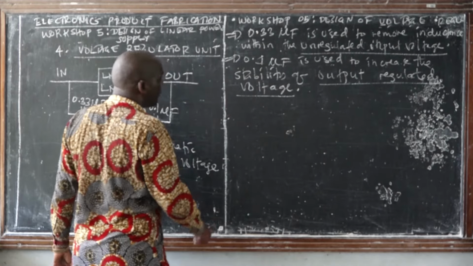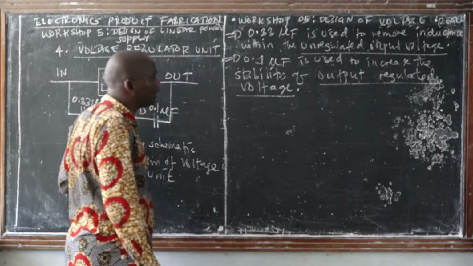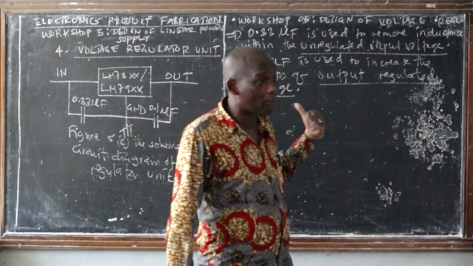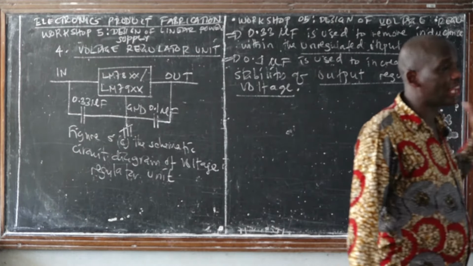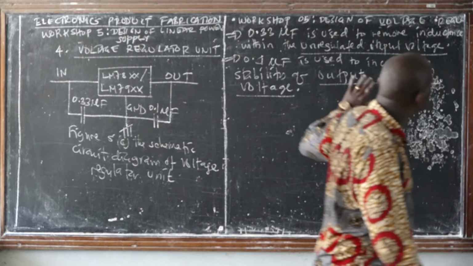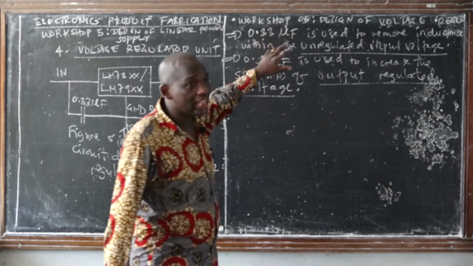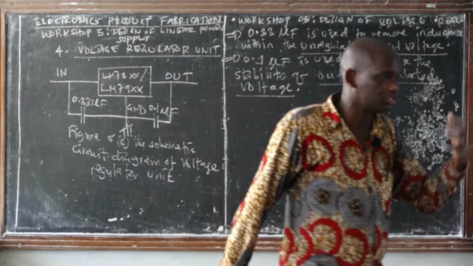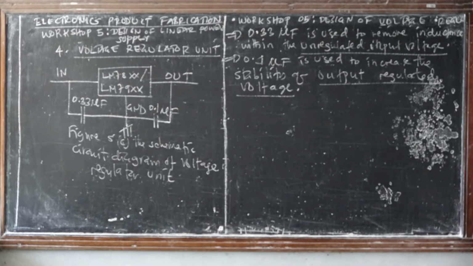Remember that the input voltage comes from the secondary coil of the step-down transformer. Some sources don't mention that this capacitor removes inductance, but that it removes noise. Whether they use the word noise or inductance, it's okay.